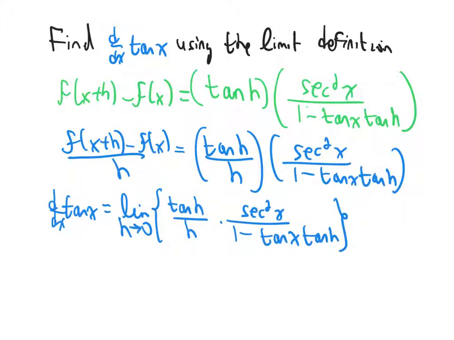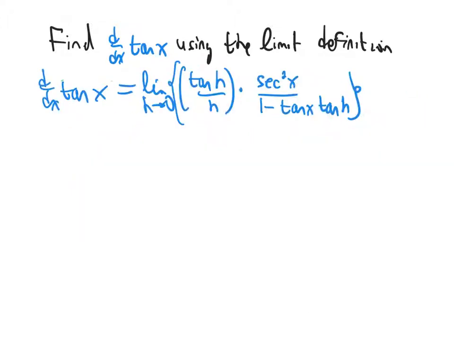And from here on out, we're going to use a lot of the property that the limit of products is equal to the product of the limits. So let's break up that product. We're going to use the fact that tangent of h is sine of h over cosine of h, and so we end up with 3 products.